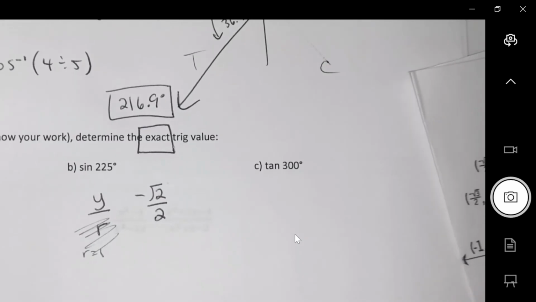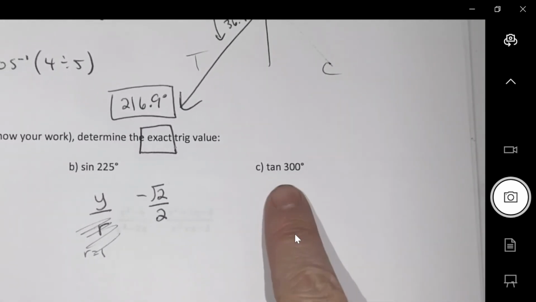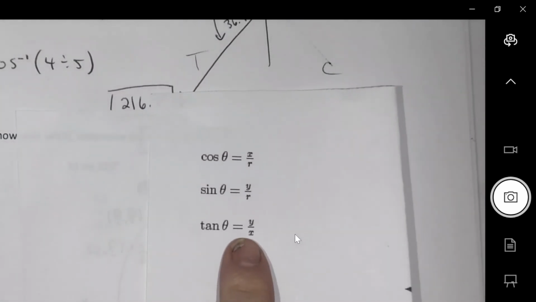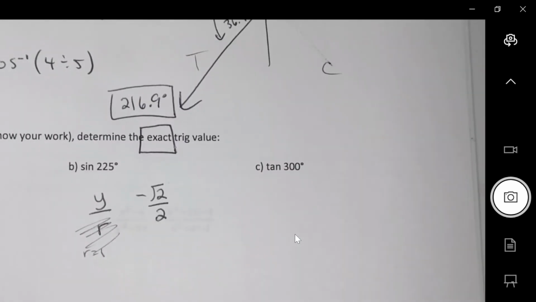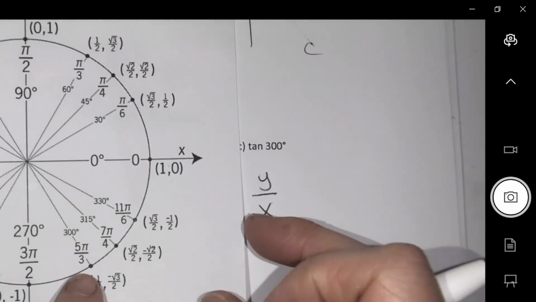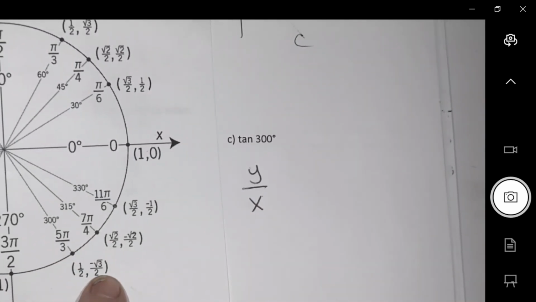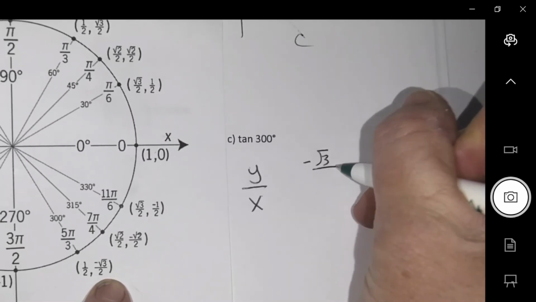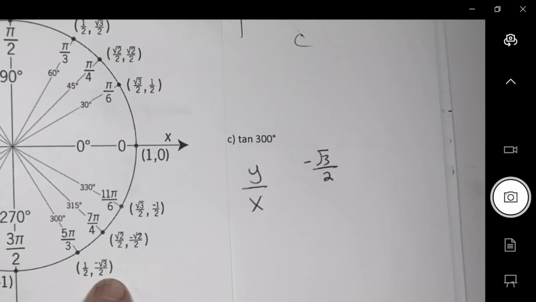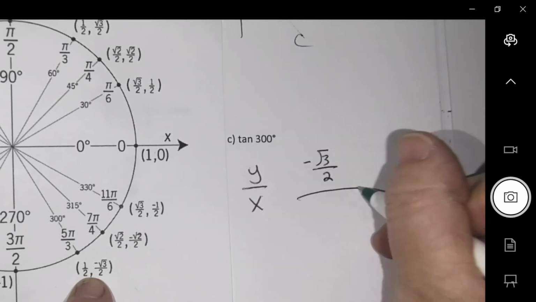Okay, last one here. Tan of 300. So the first thing I'd write is tan is formula y over x. So on this one, I don't get to cross anything off because there's no r of 1. So that doesn't work. So I'm going to go to 300. And I'm going to write my y. So negative root 3 over 2 divided by the x.